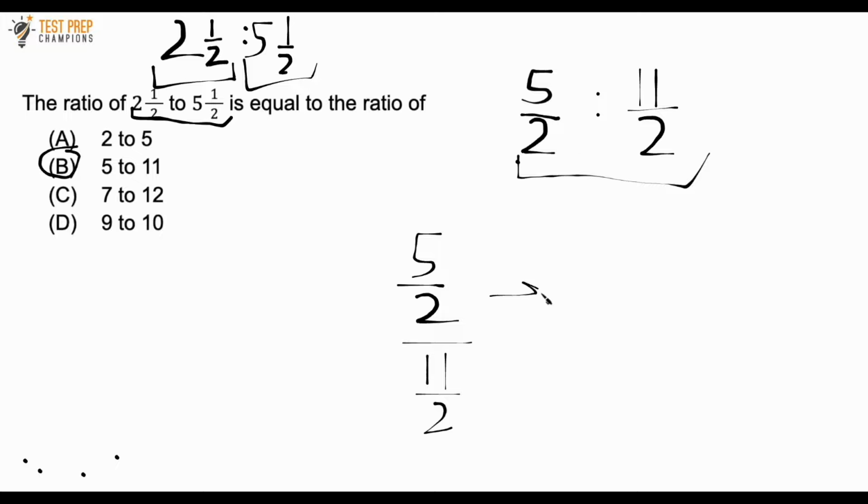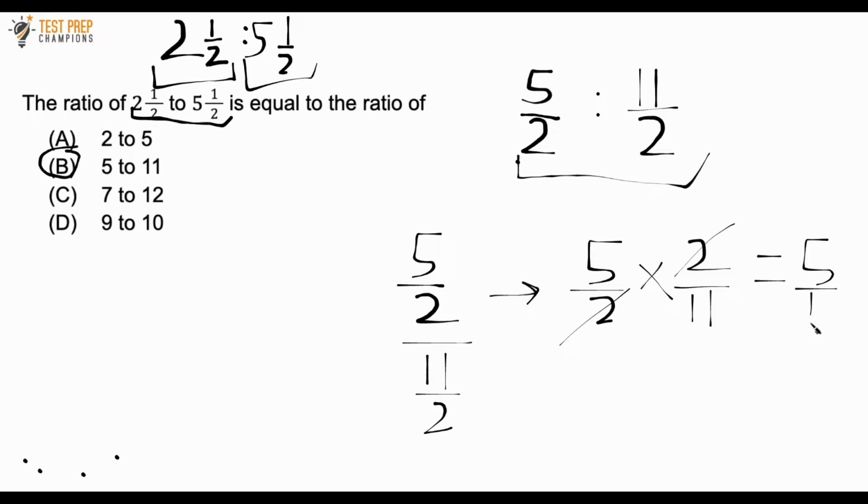And if you're not sure what I mean by that, let me show you here. We're going to leave the first fraction, the 5 over 2, exactly as it is. And I'm now going to multiply by 2 over 11. And the 2s will cancel out here, and we'll see that the answer is 5/11.